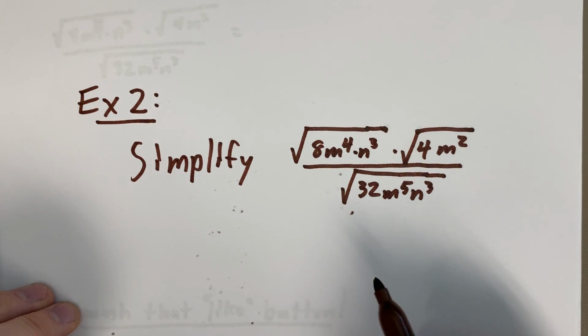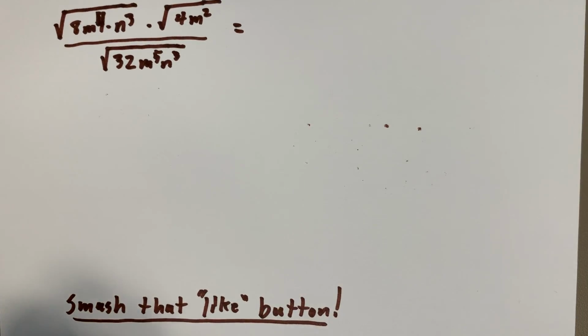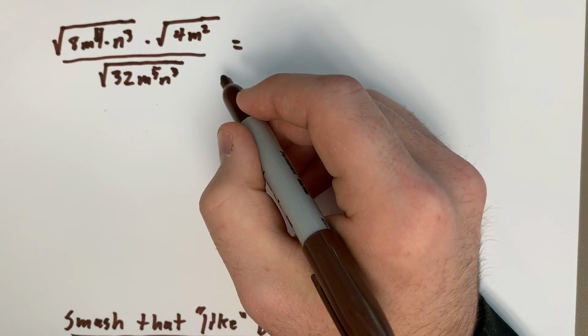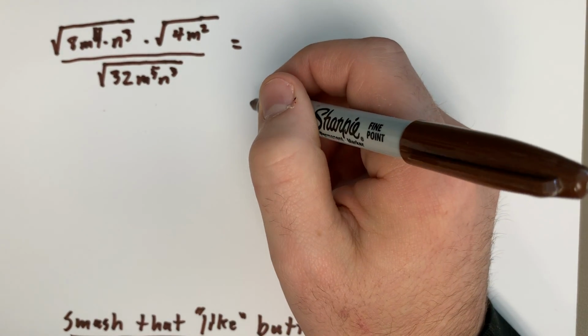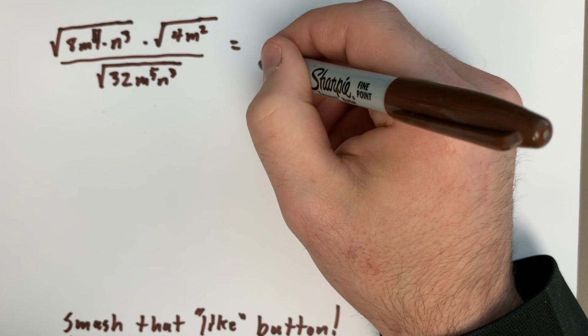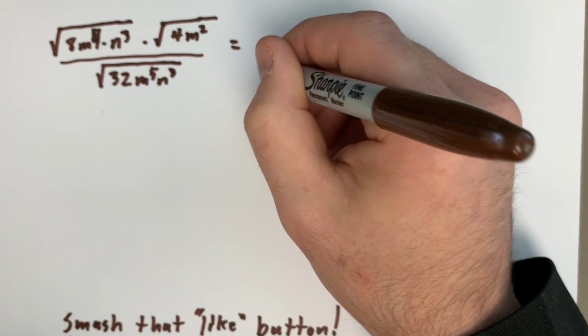So how do we go about doing this? Looking at the expression that we had before, I'm going to use the product rules and the quotient rules simultaneously, all at once, so that I can get everything under one giant radical, okay? And the idea is to cancel as many of these m's, n's, and powers of 2 as possible.